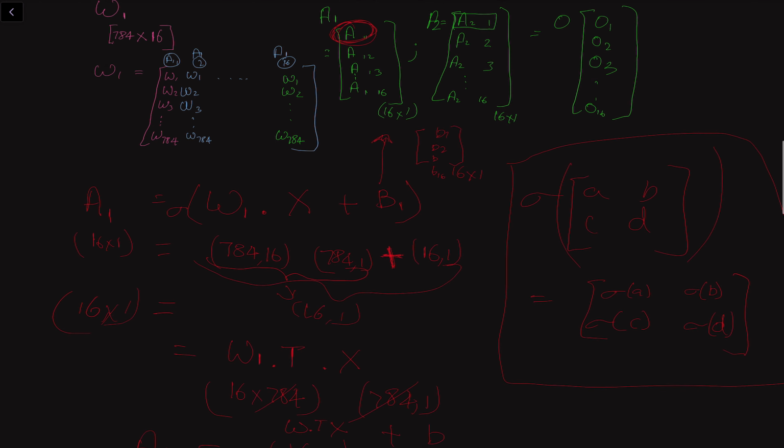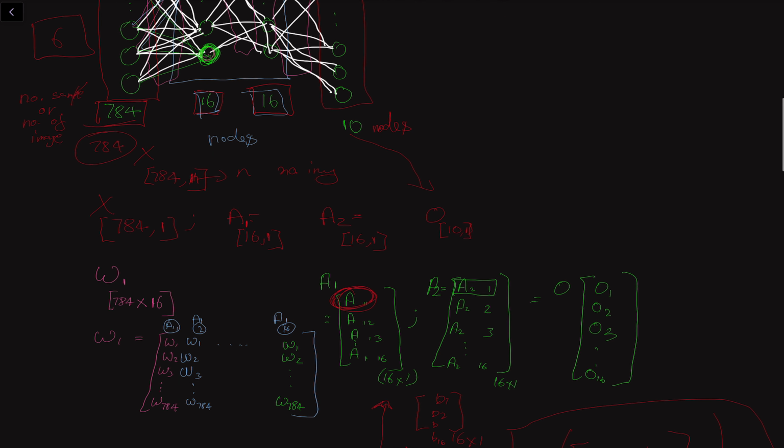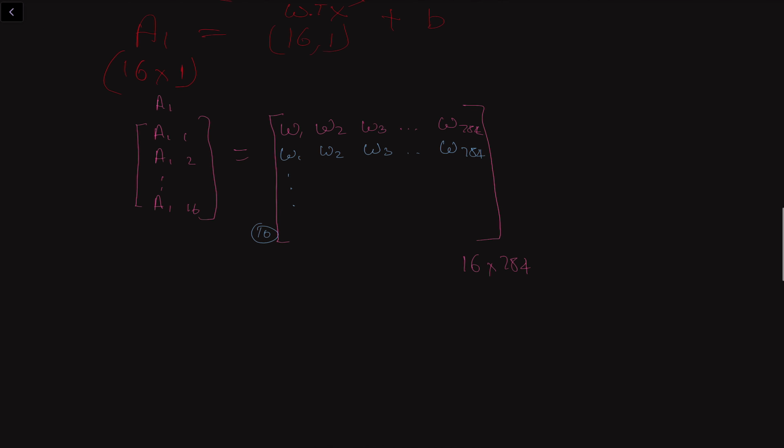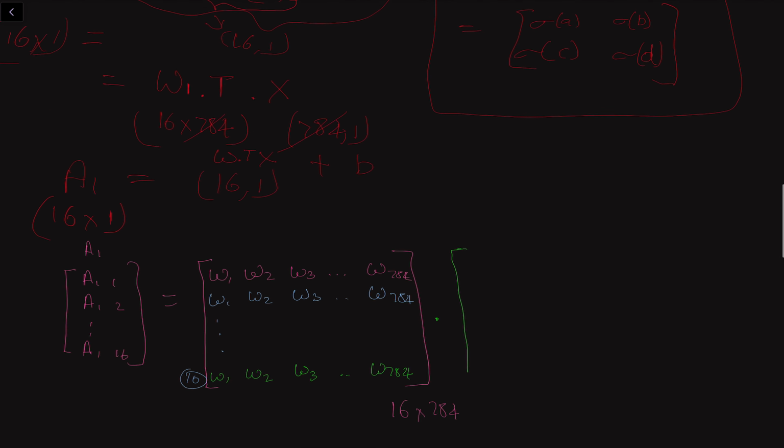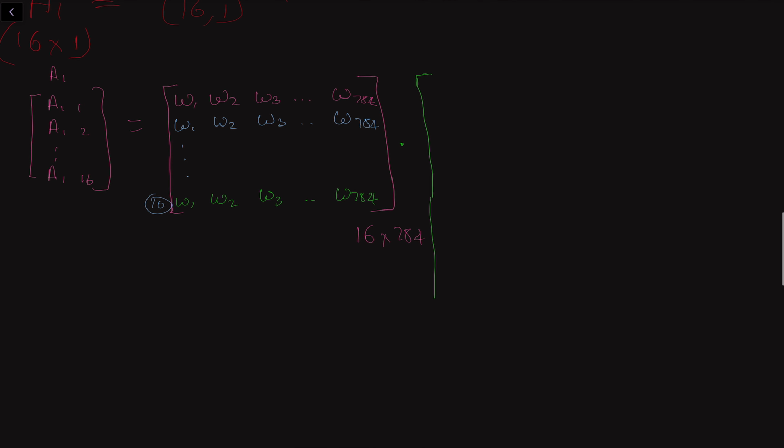This node was the green one, right? This node's weights connected to the previous layer is right here, W1, W2, W3, and so on, W784. We're dotting this with X, which is 784 by 1. This is how X looks.